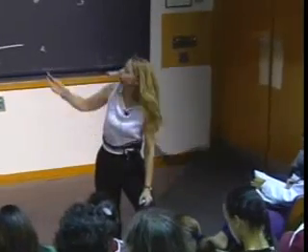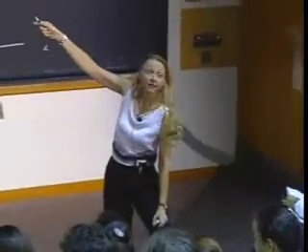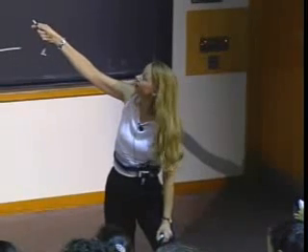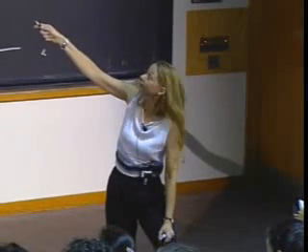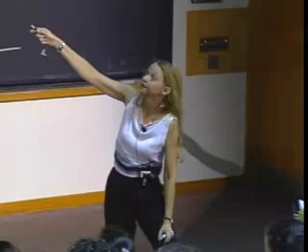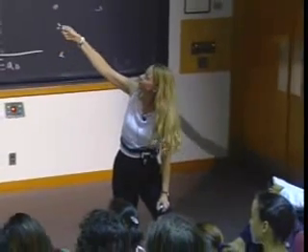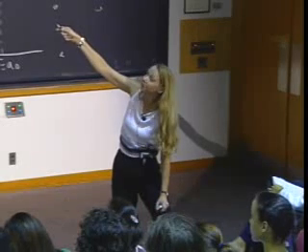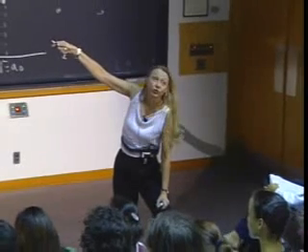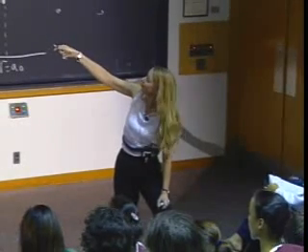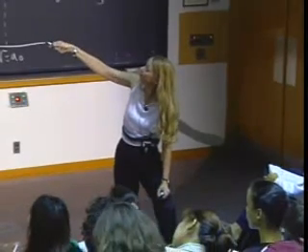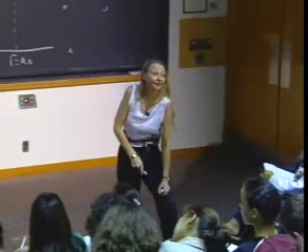only in the s orbitals, or the s states, is there really a substantial probability of being very close to the nucleus. Because look, it's only in the 3s or the 2s that you have some probability that's very, very close to the nucleus. You don't have that in 3p or 3d or 2p. Okay?